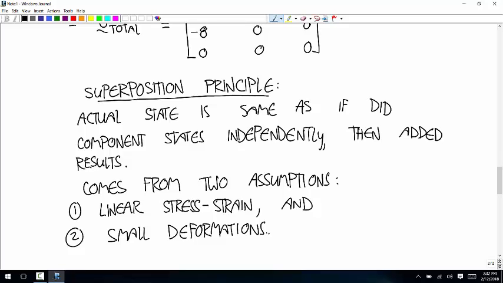Okay, so if you think of a material that wouldn't have a linear stress-strain relationship or wouldn't have small deformations, like for example a beam made out of rubber, you wouldn't have to apply a very big load to it for it to get relatively big deformations. And rubber never has a linear relationship between stress and strain.